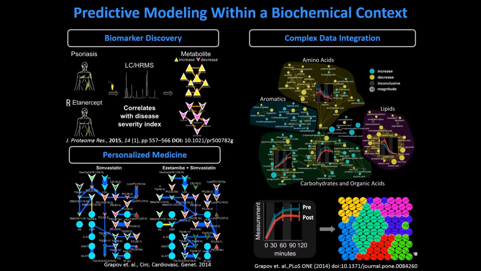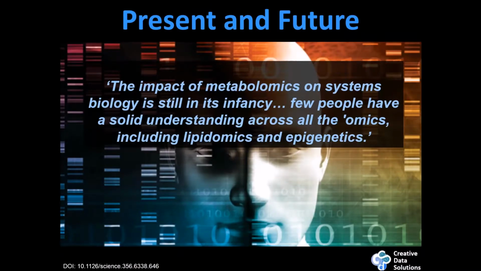A little bit about the present and the future of metabolomics. Here's a quote from a recent Science article. I will preface that these gentlemen are quite biased toward the genomics area, but here's what they say. They say the impact of metabolomics on systems biology is still in its infancy. Few people have a solid understanding across all the omics, including lipidomics and epigenetics.